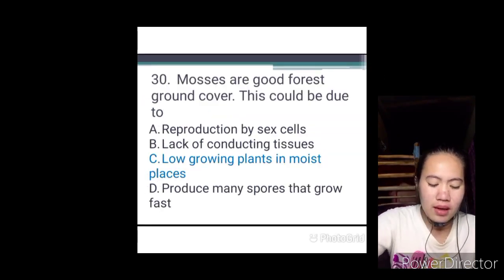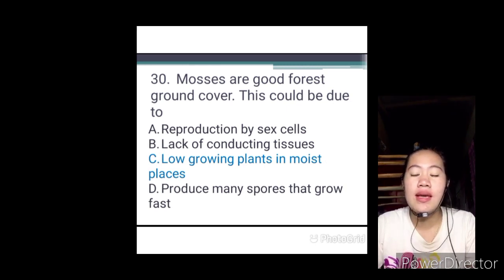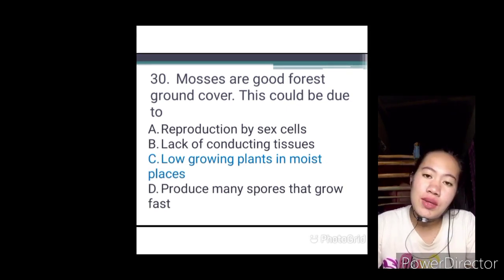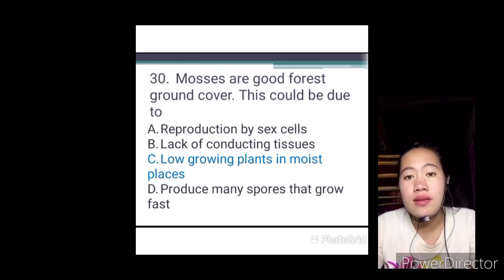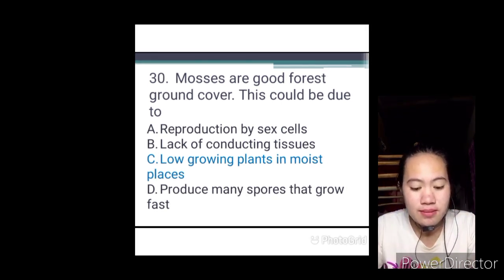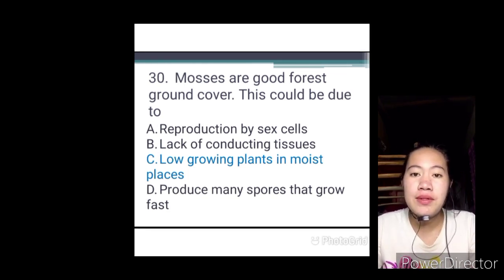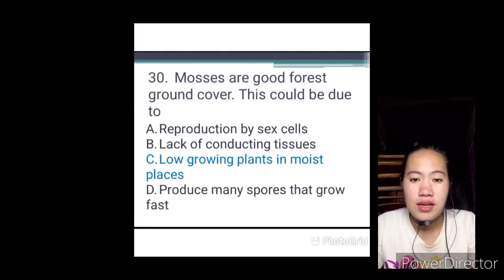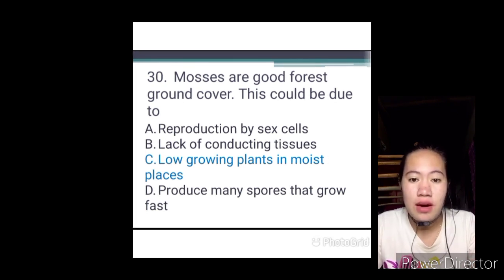So, why is A wrong? They reproduce sexually and asexually. Yes, they do. When we say sexually, it means that mosses reproduce through producing sperms, like humans. And when we say asexually, they reproduce through vegetation. But their reproduction has nothing to do with mosses being good as cover in the forest ground.